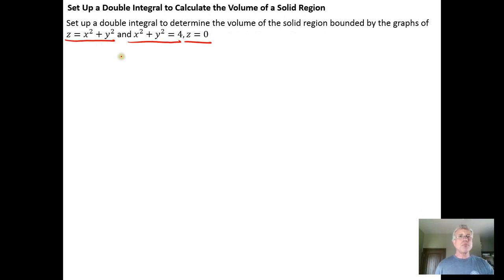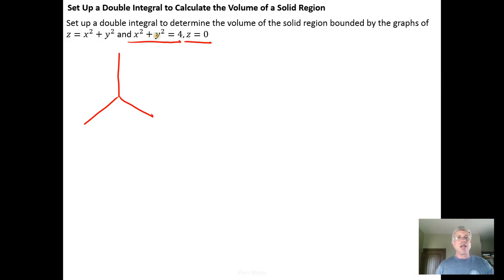So if you kind of draw a picture of what's going on here, z equals x squared plus y squared is a paraboloid. It's an even function, so it's going to have xz, yz plane symmetry and symmetry with respect to the z-axis.